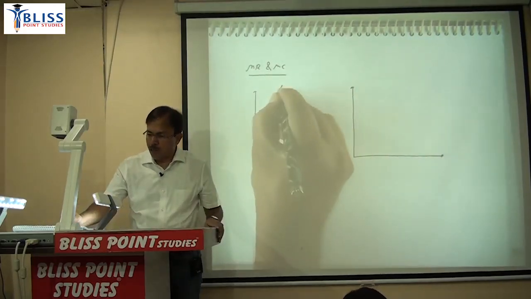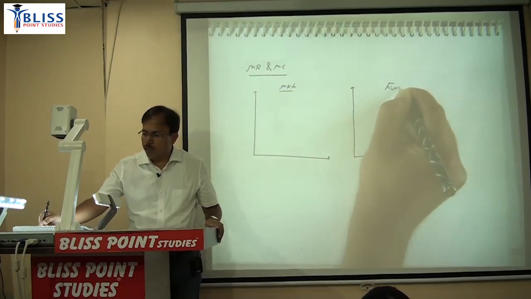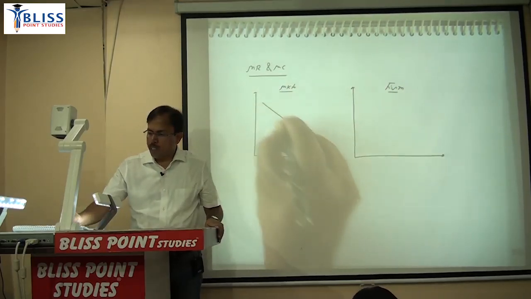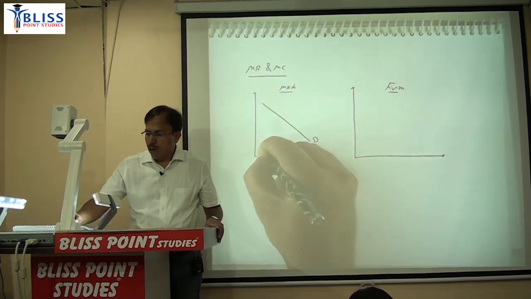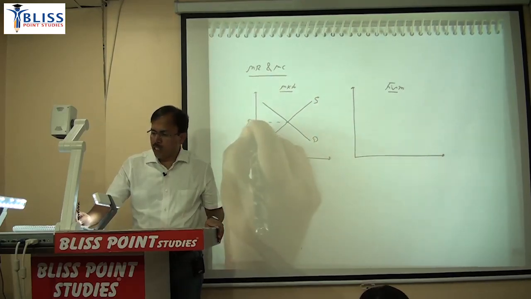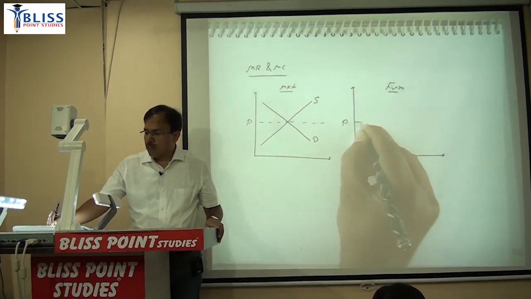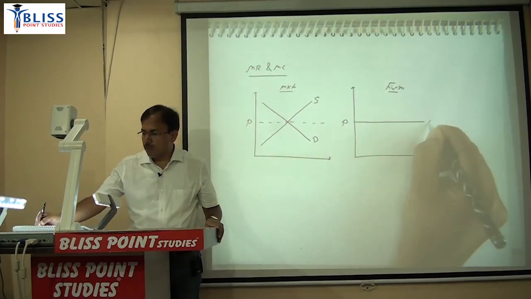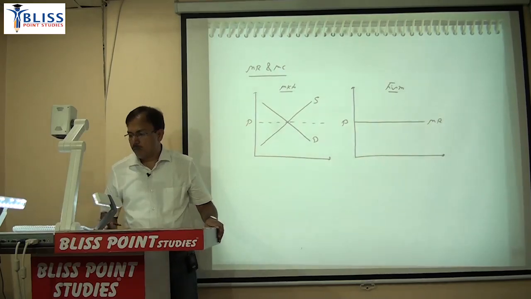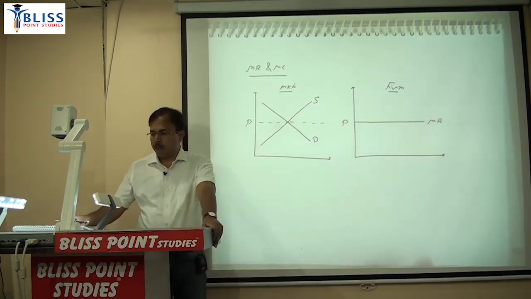This is the diagram for the market and this one is for one particular firm. Who will determine price? Market forces of supply and demand, so the intersection determines the price, and price will be equal to MR. So just draw that horizontal line.